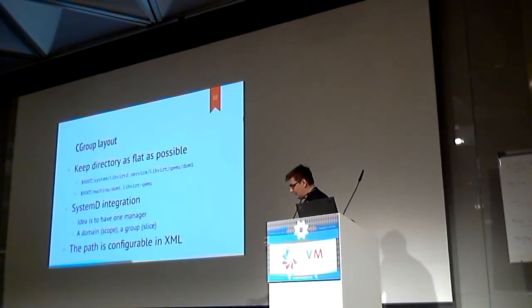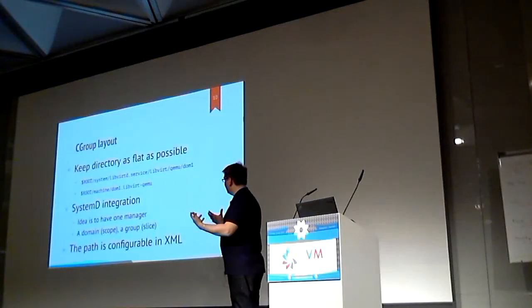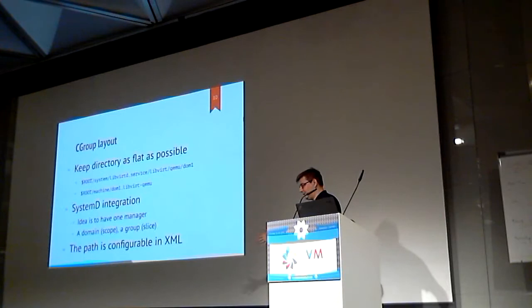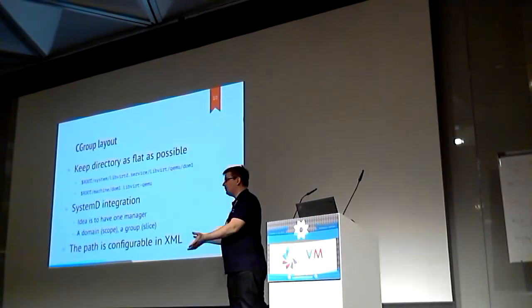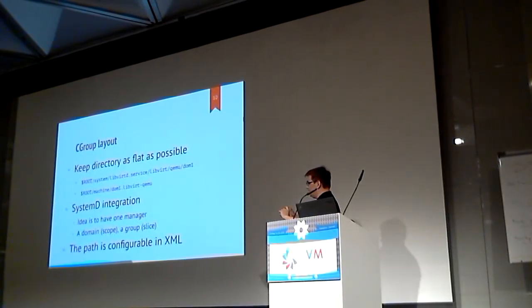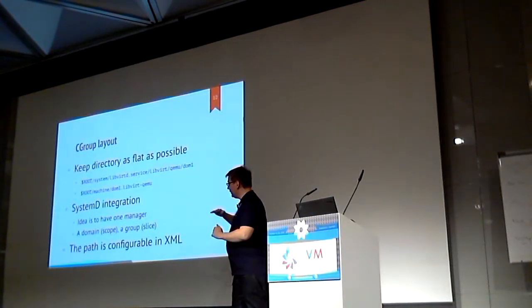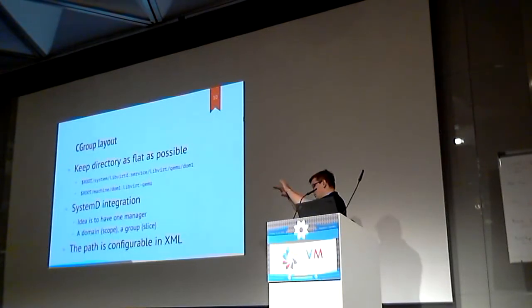And while doing this, we've invented this new approach that, for instance, if you have an enterprise system running, you have enterprise VMs running there, but you have some test machines on the system as well. If you limit the test machines per each domain, it may work, but you certainly want to limit the whole group of the test machines.